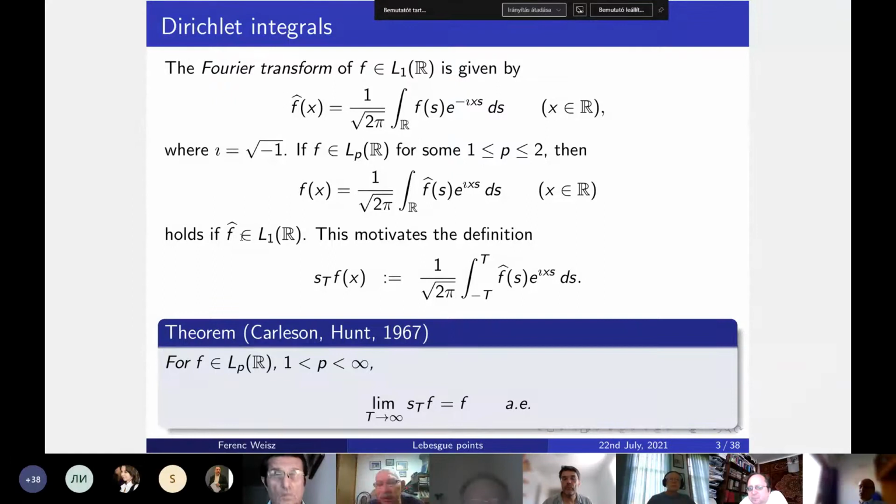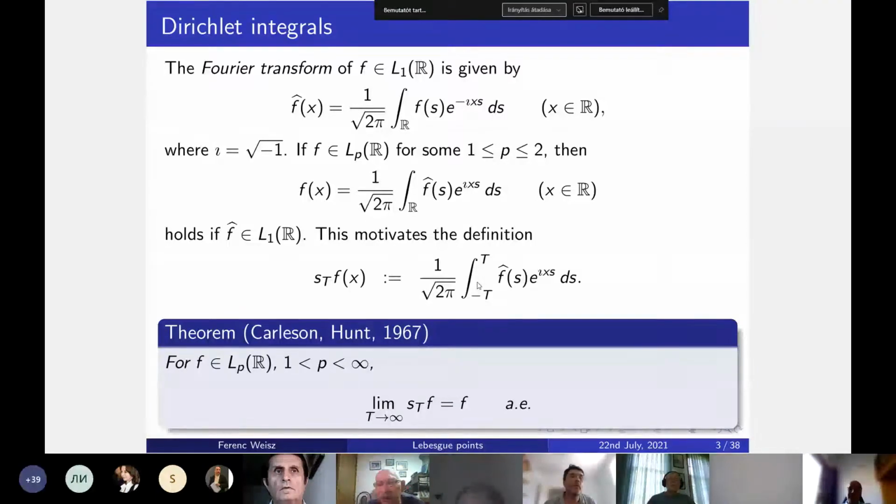If this is not true, then we can introduce the Dirichlet integrals s_t f, and here we integrate from minus t to t. In this case, this integral does exist. We can use the Hausdorff-Young inequality, and then we can see that this integral is well defined.